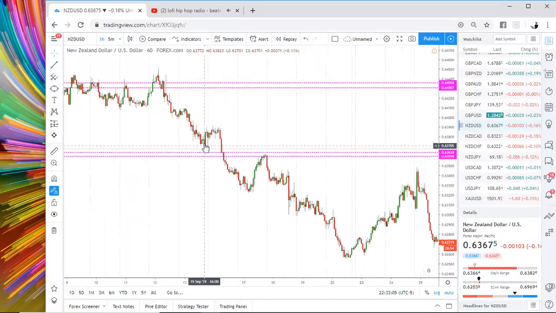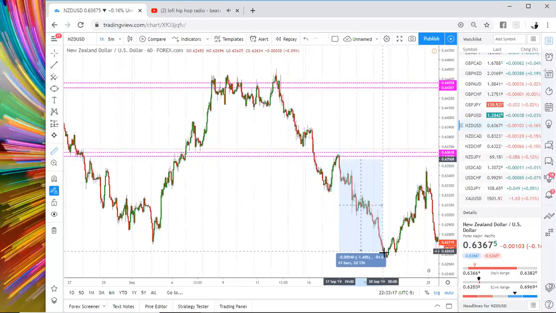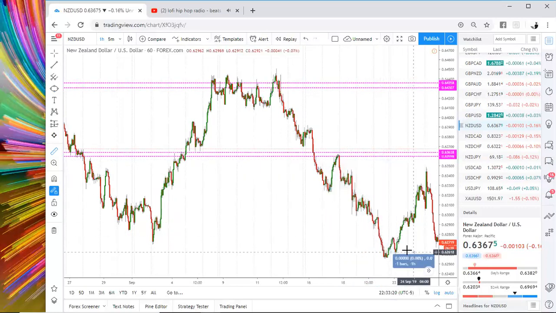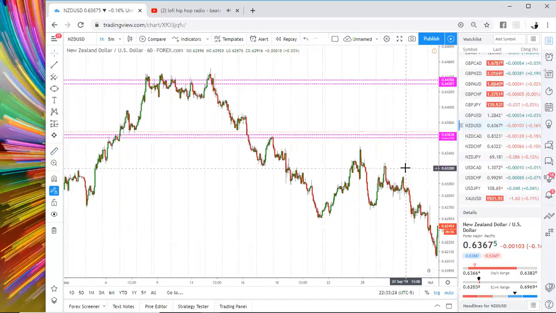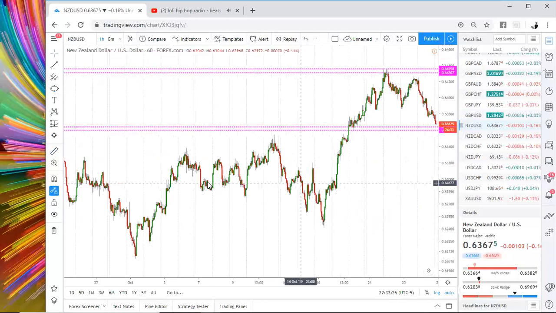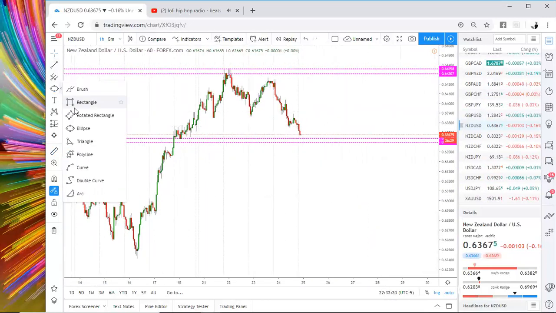If you go back in time, this was a perfect level where it broke and retested. Floor, floor, floor, becomes a ceiling. Catch this move, even after this close. There's your 100 pips right there. That is so amazing. Yeah, I think we're gonna keep it like that.